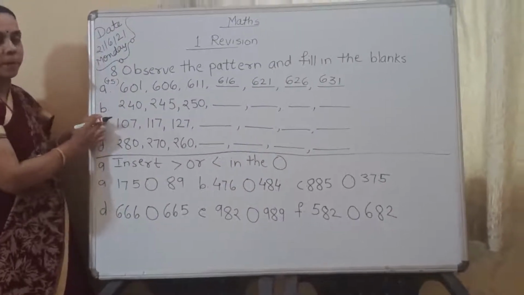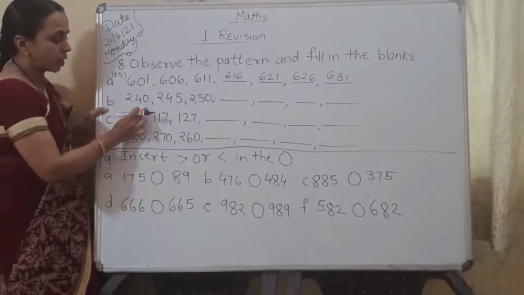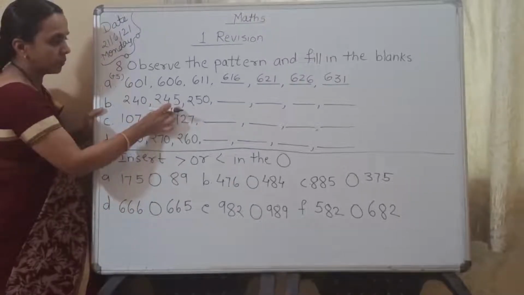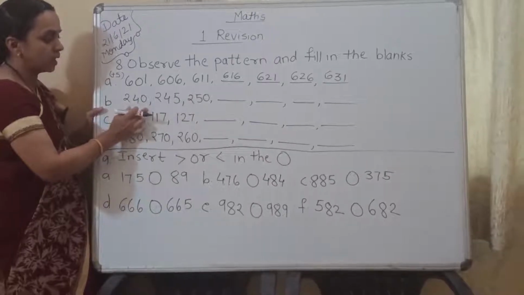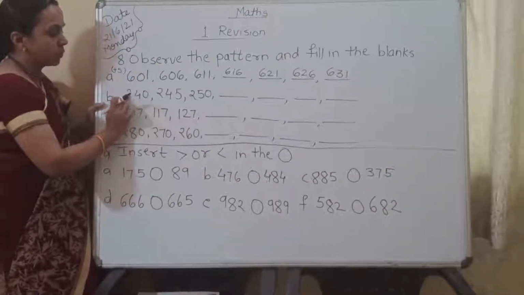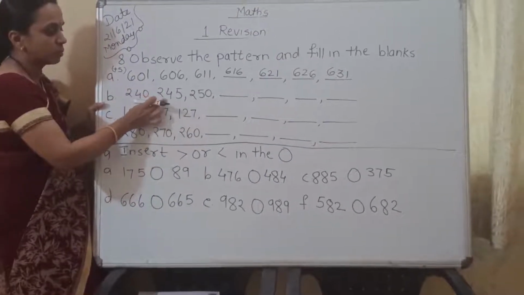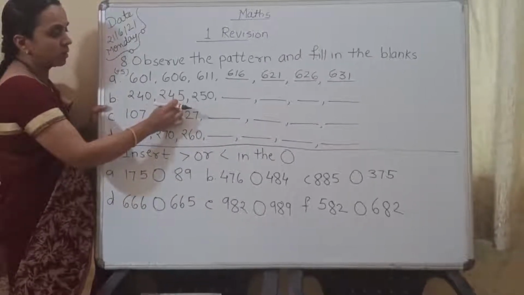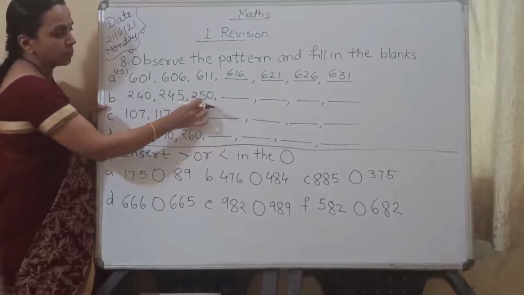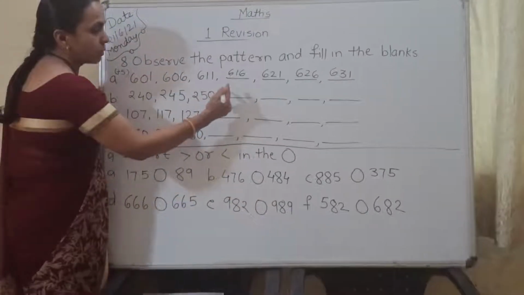Now see B question. 240, 245, 250. Again, what is given here? 240 plus how much equal to 245? Plus 5. And 245 plus 5 how much? 250. So we have to continue.